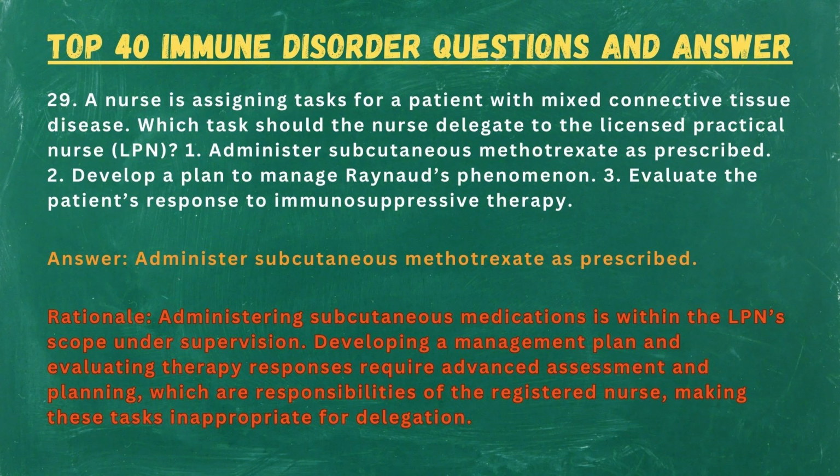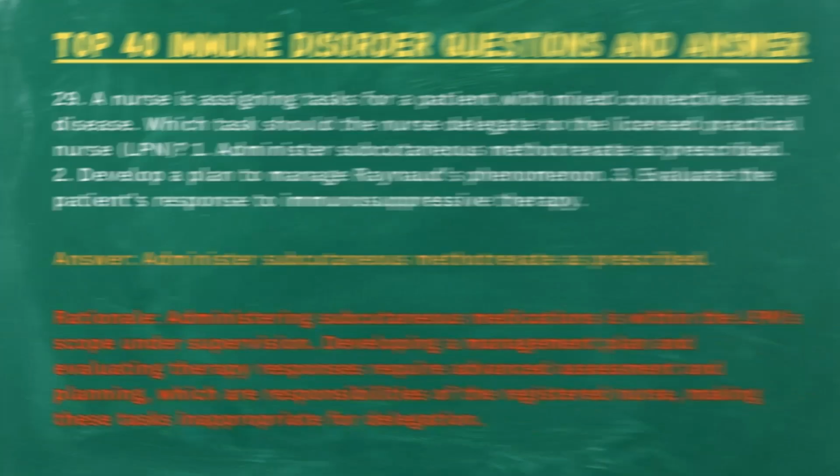Answer: administer subcutaneous methotrexate as prescribed. Rationale: administering subcutaneous medications is within the LPN's scope under supervision. Developing a management plan and evaluating therapy responses require advanced assessment and planning, which are responsibilities of the registered nurse, making these tasks inappropriate for delegation.